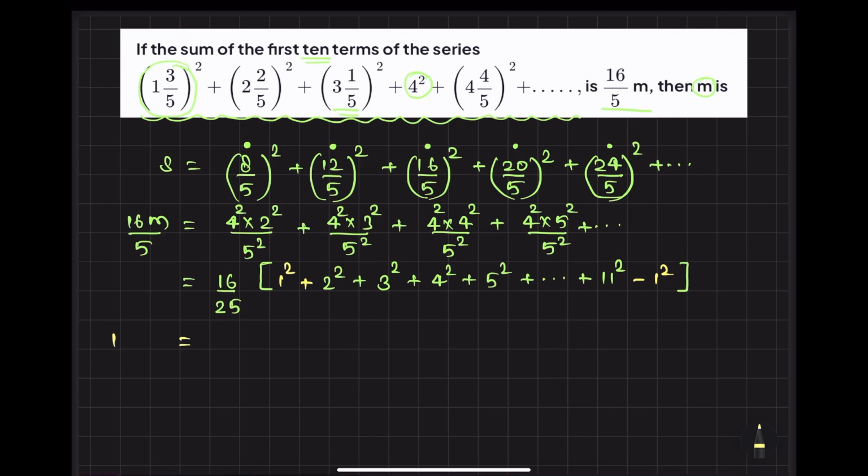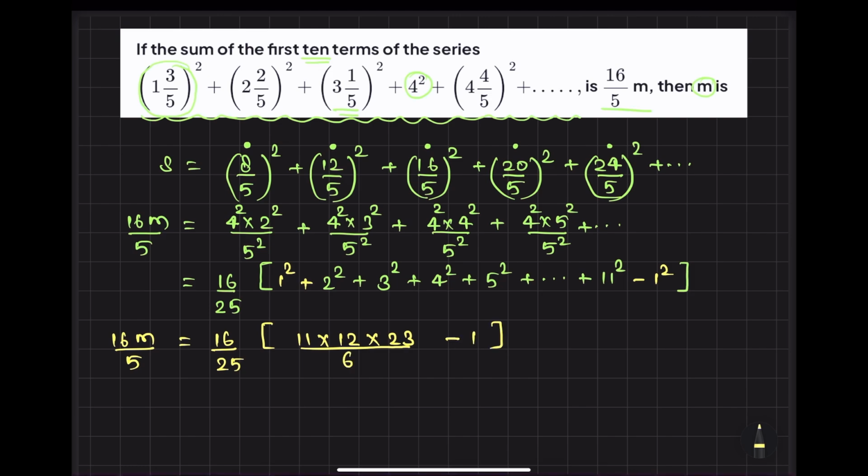Now again, 16m by 5 equals 16 by 25, and then here we will write the formula for the sum of squares of the first n natural numbers. So 11 times 12 times 23 by 6, minus 1.